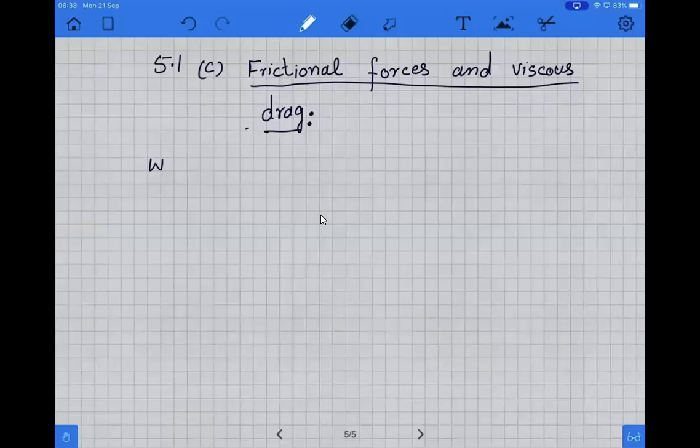The topic that we are going to cover is about frictional forces and viscous drag.